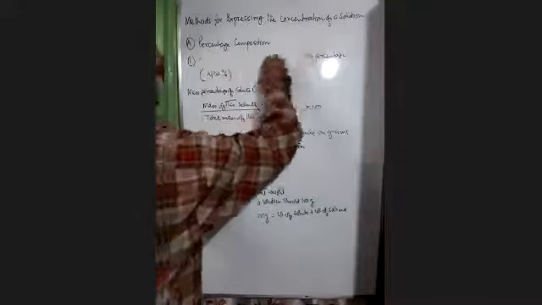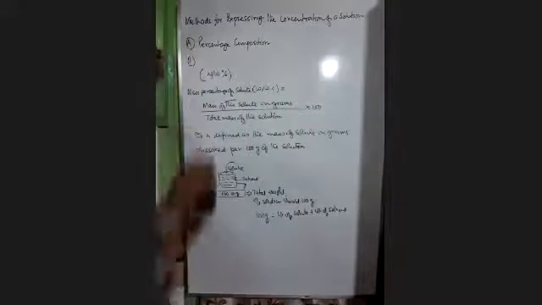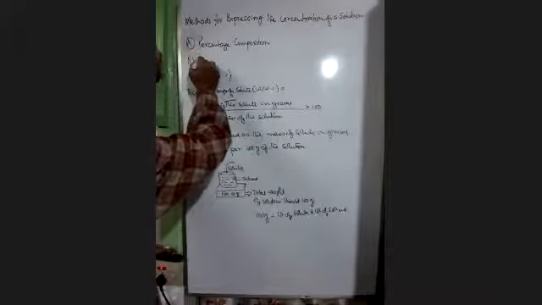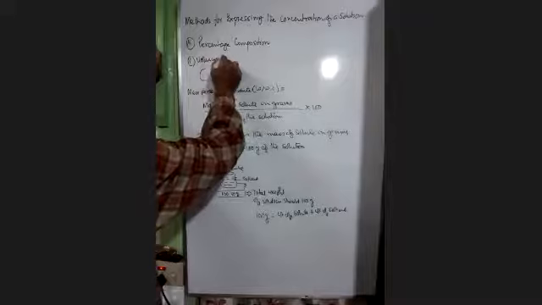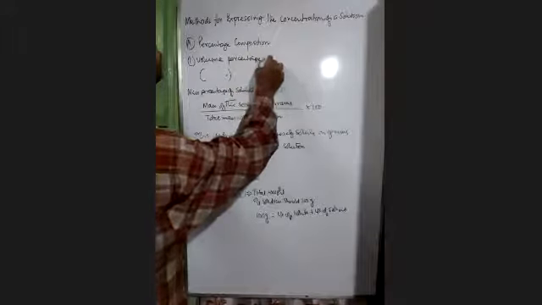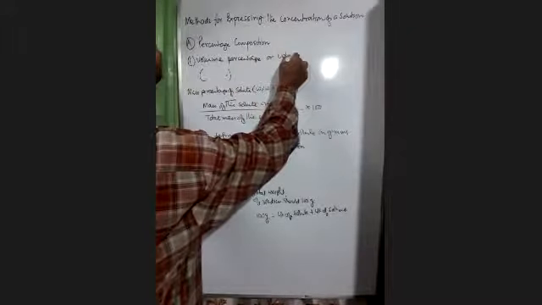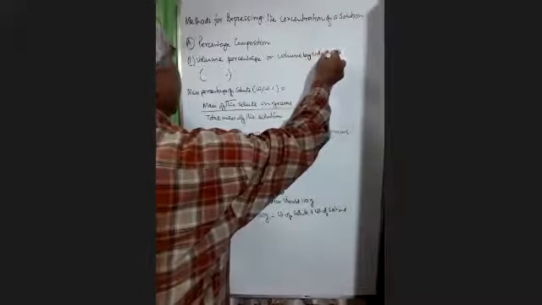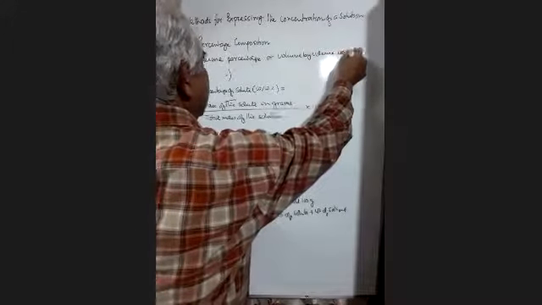For volume percent, or what we can call volume by volume percentage, it is V by V percent.